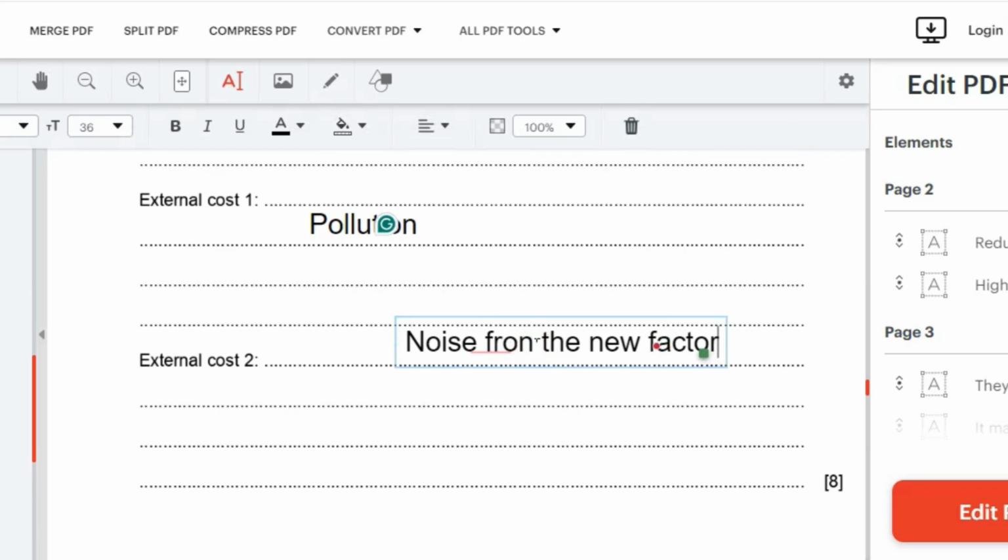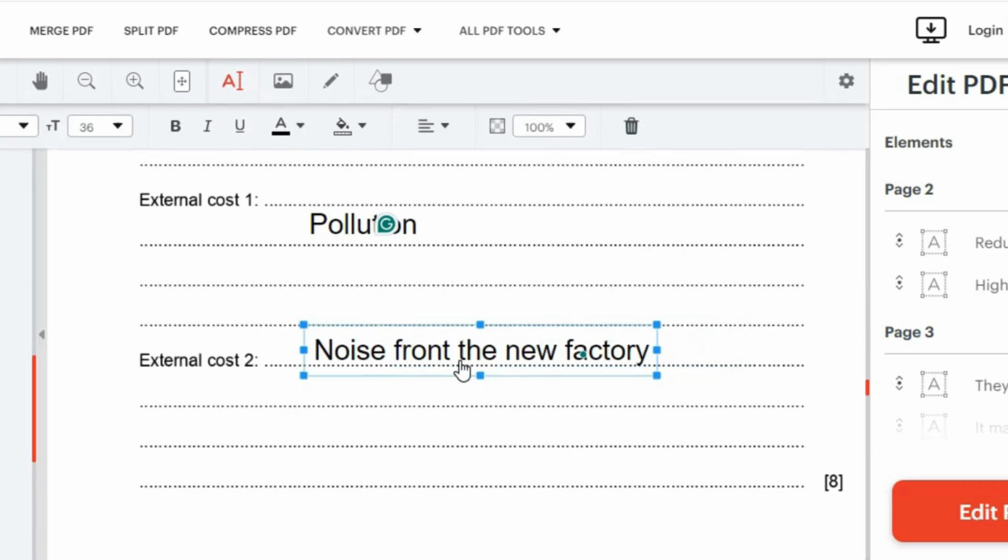Let's fit this in. That is the second external cost. We also have increased road congestion in the local area as also an external cost.